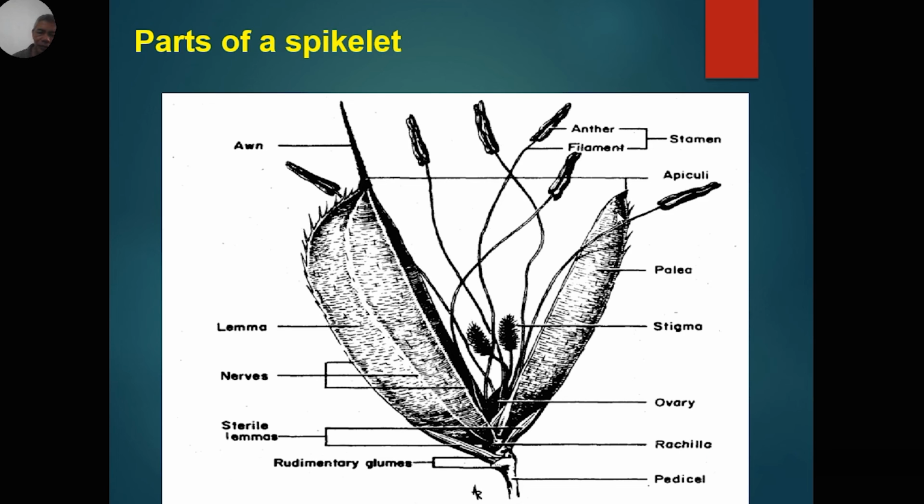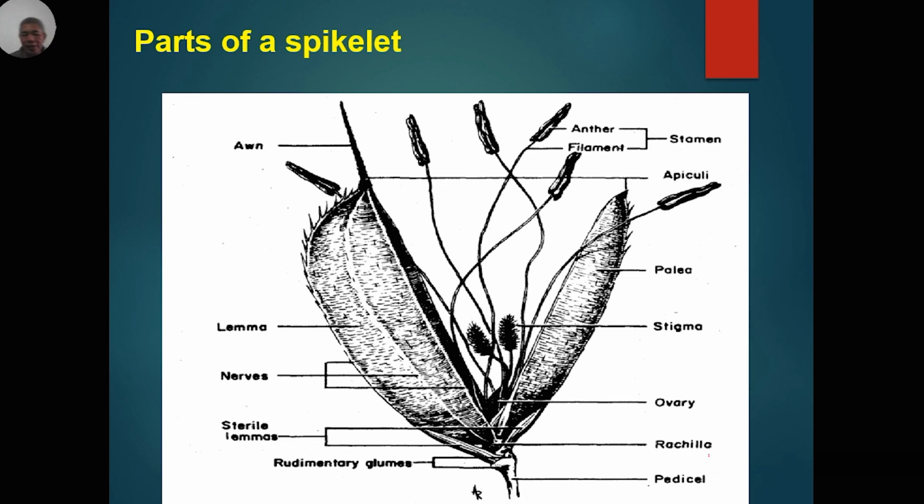And after the fertilization process, the lemma and palea will be closed, and the spikelet will grow, meaning the ovule will grow, and that is the reason why we consider the seed as a mature ovule after the fertilization.